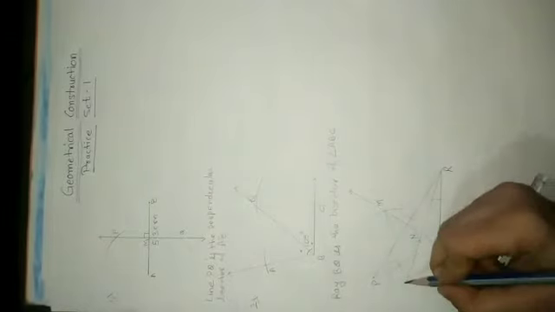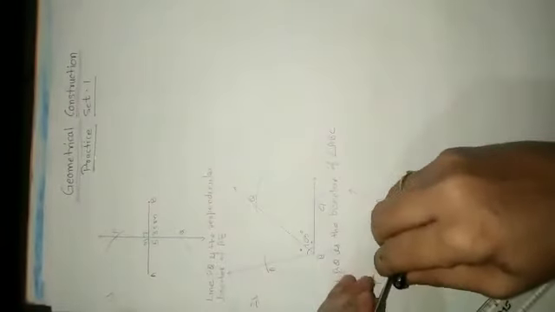Okay, now bisecting the third angle, that is P, the same way. Now keeping the steel point on P and marking two arcs over here, taking more than half of this arc.